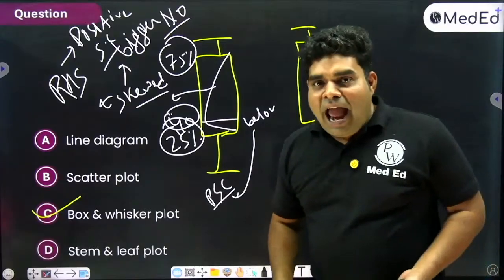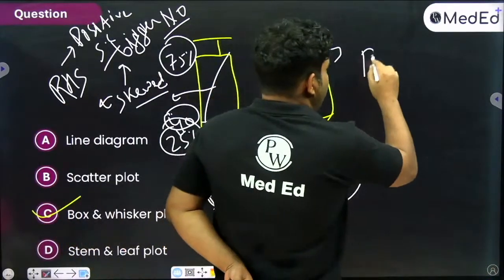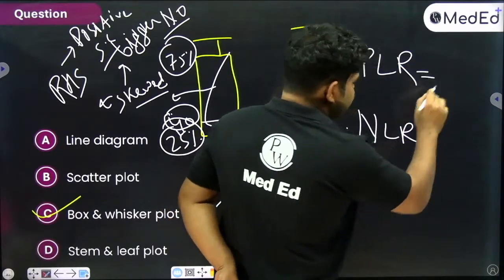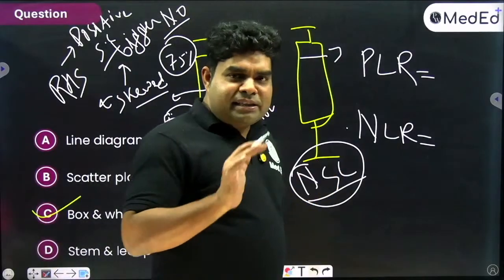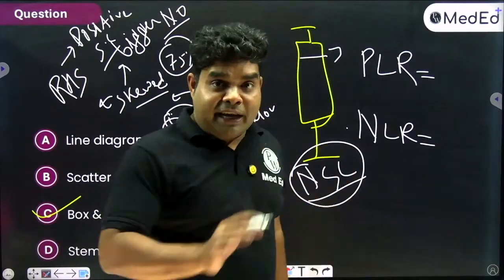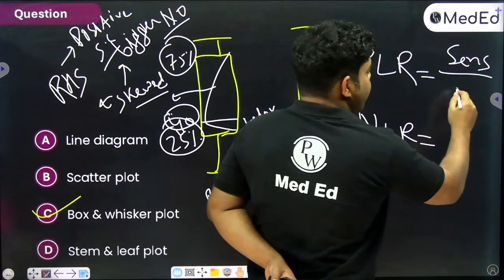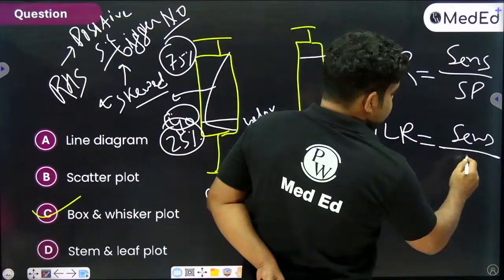And I was just trying to remember these two formulas of positive likelihood ratio and negative likelihood ratio, which I was unable to remember in my MBBS time. The formula is very simple to remember actually by using the same trick. In positive and negative likelihood ratio, in both formulas, we always write sensitivity by specificity. Sensitivity is above, specificity is below.